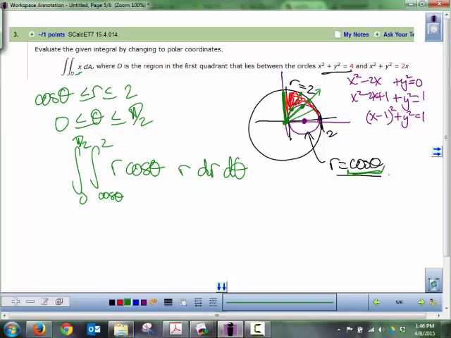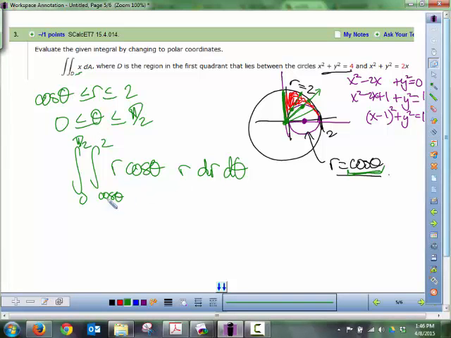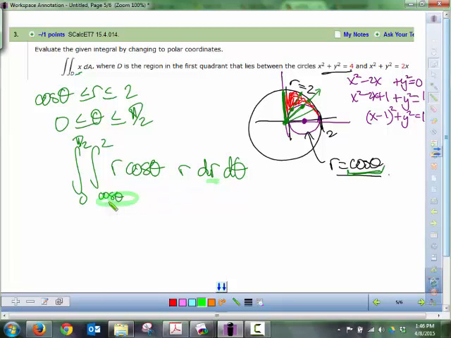Why not? Because of that cosine theta in your limits, this r integral is dependent on theta. And because it's dependent on theta, I can't pull out that integral.